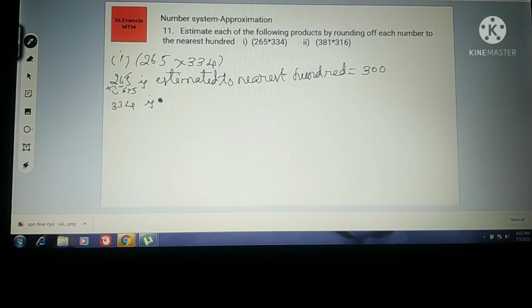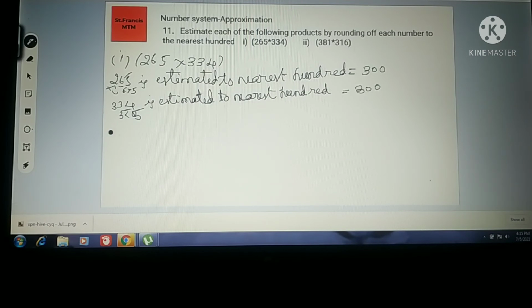Next, 334 is estimated to the nearest 100. So we have to look at the tens digit. We check whether the tens digit is less than 5 or not. This is clearly less than 5. So replace zeros in the tens and ones digit. What you get here? Again 300.